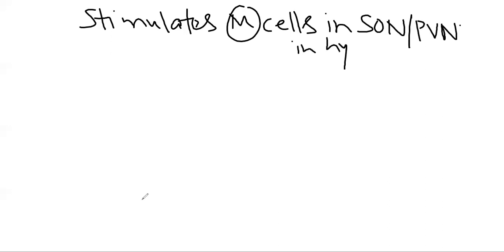Which site? At the supraoptic zone. Okay. So after stimulation of the supraoptic and paraventricular nucleus of the hypothalamus, the synthesis of ADH and oxytocin will start.